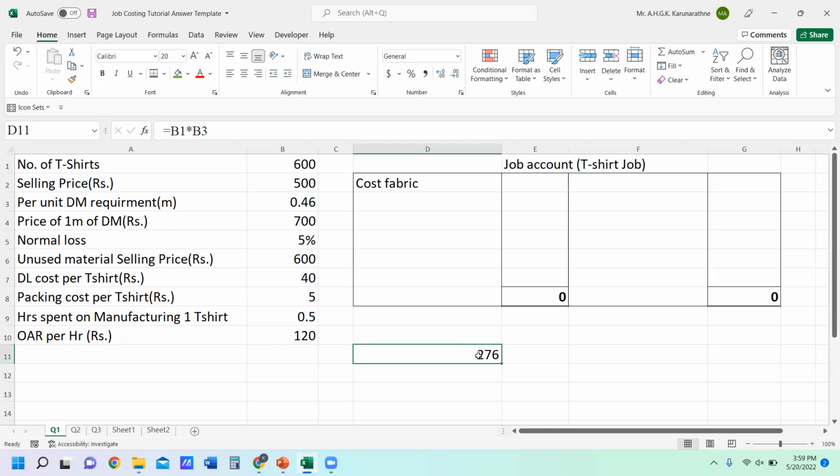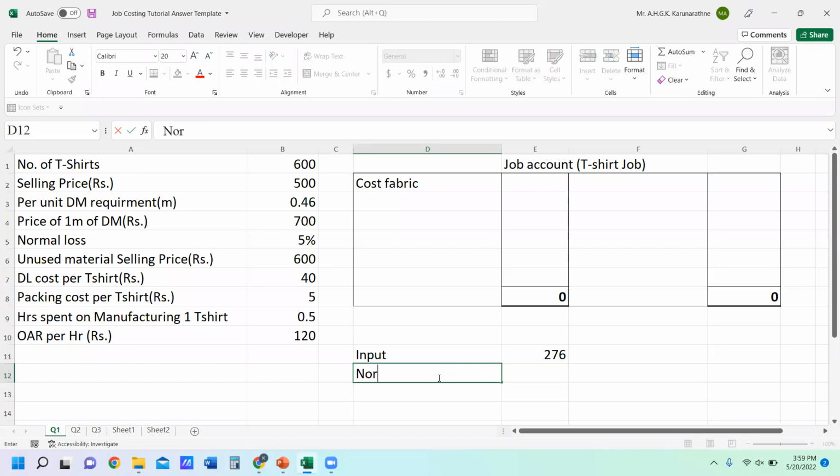So if you use just 276 meters of fabric in your production process, out of these inputs there's a normal loss, right? Let's say this is your input. If you introduce this much input, then from the input there's a normal loss.